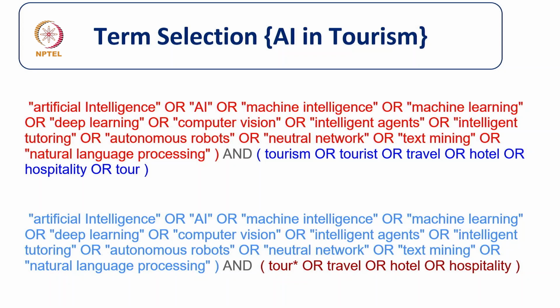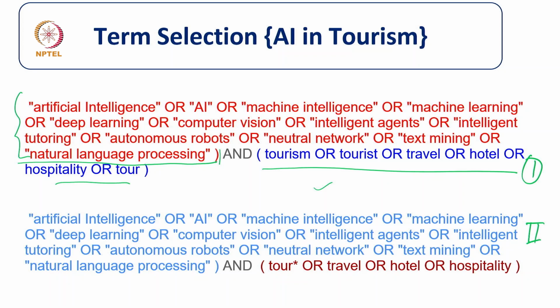Based on this analysis, we came to a conclusion on the words representing the research on AI, and then we used these many words for representing the tourism side. In the first example and the second example, exactly the same terms are there.